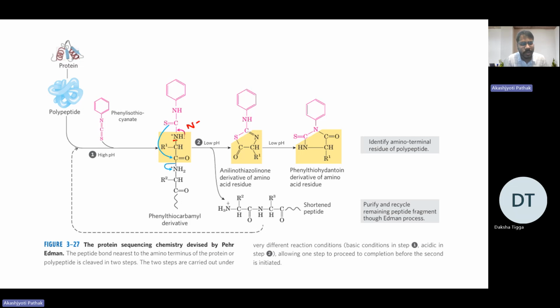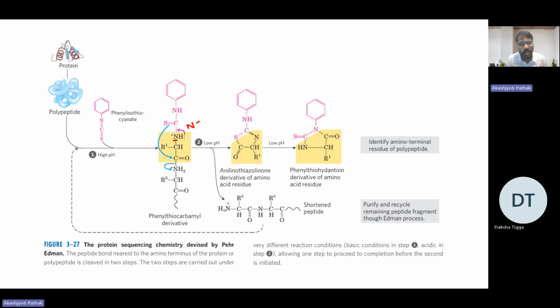Now, this free amino terminal end reacts with phenyl isothiocyanate. The first amino acid, on reaction with this phenyl isothiocyanate, forms this derivative, called the phenylthiocarbamyl derivative. Now the pH is lowered.